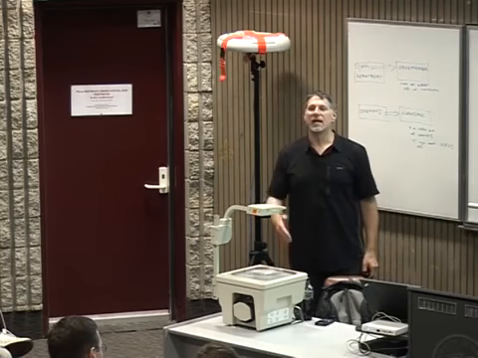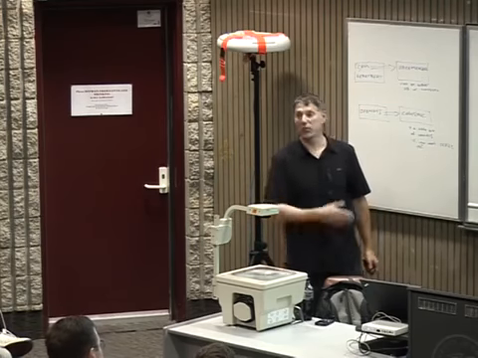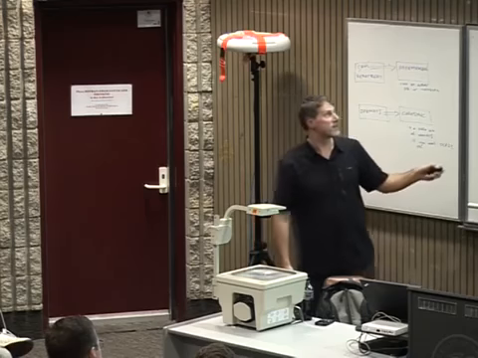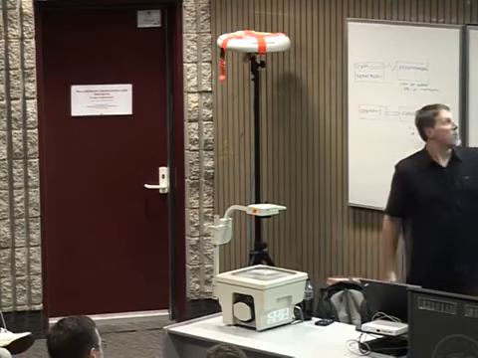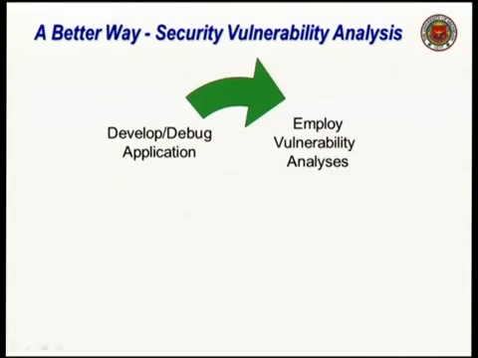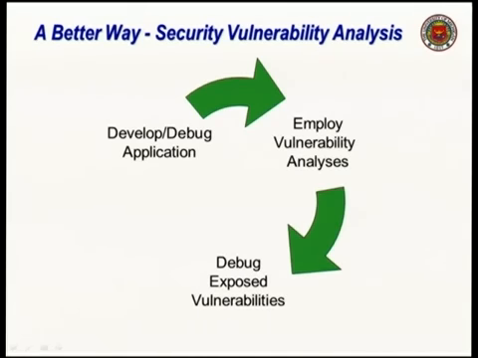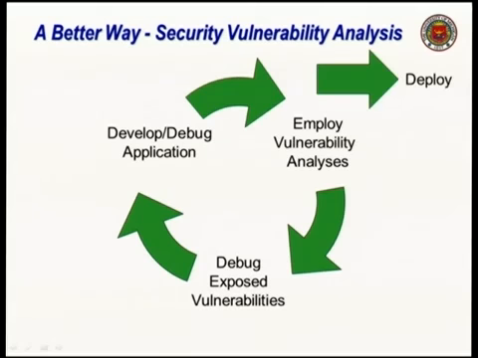So you've got upset users, you've got embarrassed developers, and in a sense, it's not a very good approach to software development. The alternative is to employ security vulnerability analysis. You develop your application, and you employ some tool that actively looks for bugs that might exist. And we're going to look at one very simple example of this. Then we debug those problems without giving it to our users, continue development, and when we feel we've got all the bugs, we give it to our users.